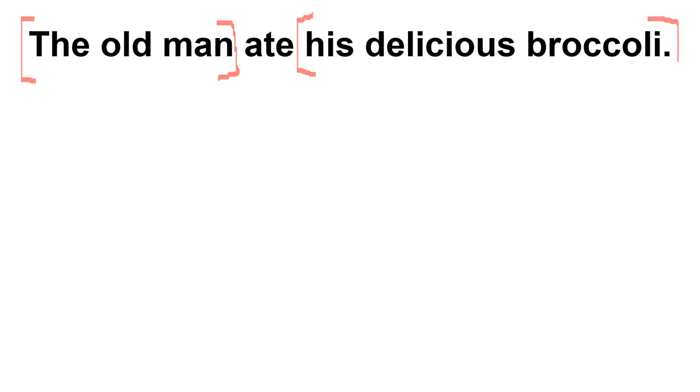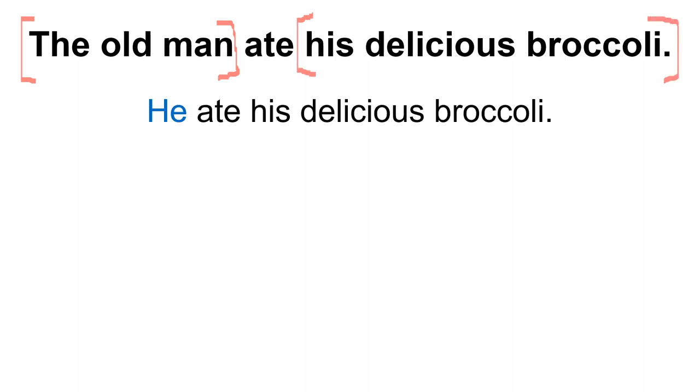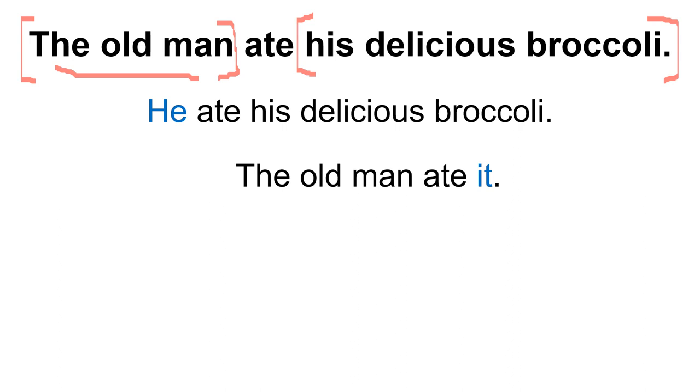We can replace the old man with the word he. That means that the old man functions as a unit. Similarly, we can replace his delicious broccoli with it. Therefore, his delicious broccoli functions as a unit.